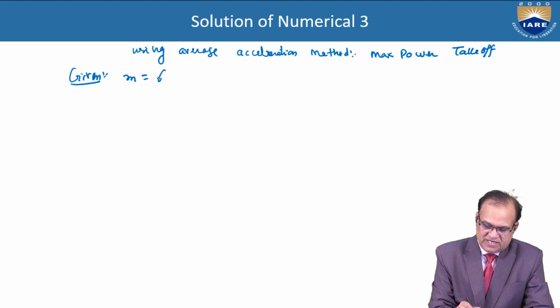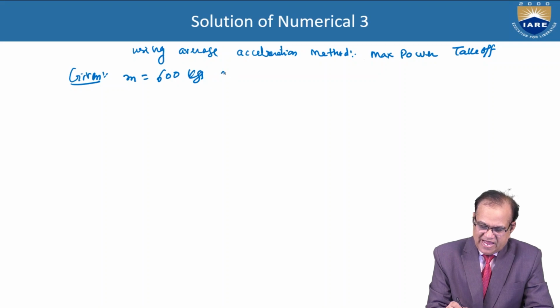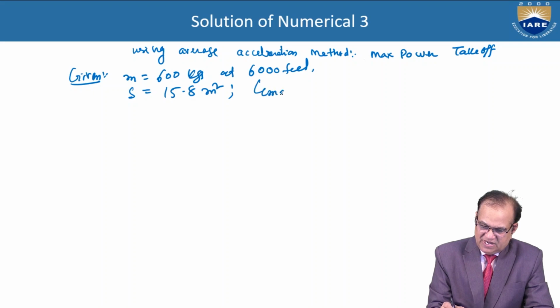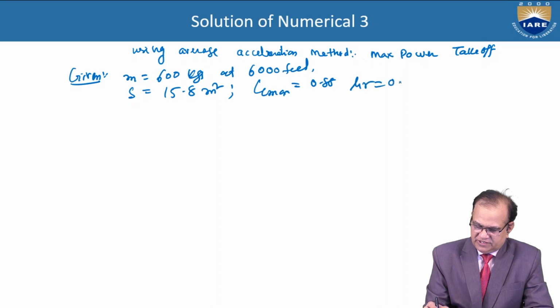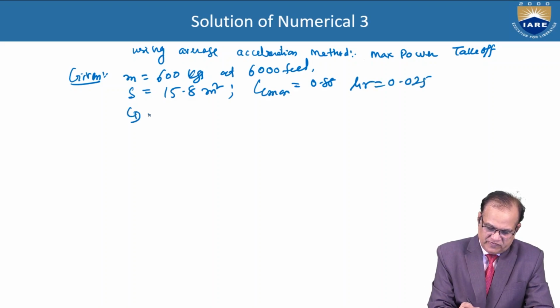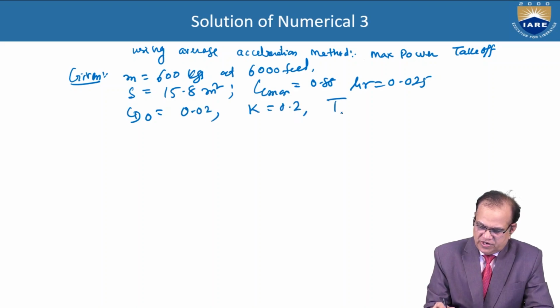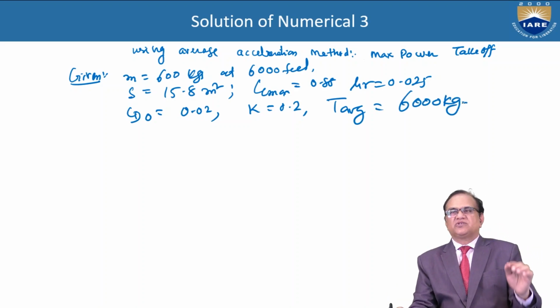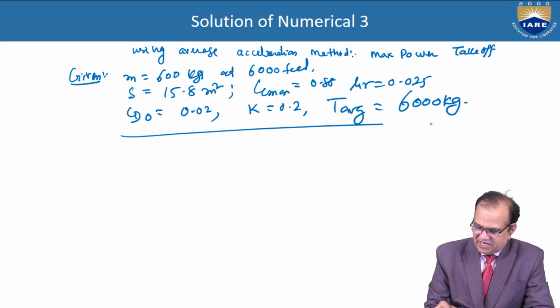First is the mass, 6,000 kgs at 6,000 feet. Area S, 15.8 meter square. CL max, 0.88. Mu r, 0.025. CD naught 0.02, K is equal to 0.2, T average is equal to 6,000 kg. So these are the parameters which are given.